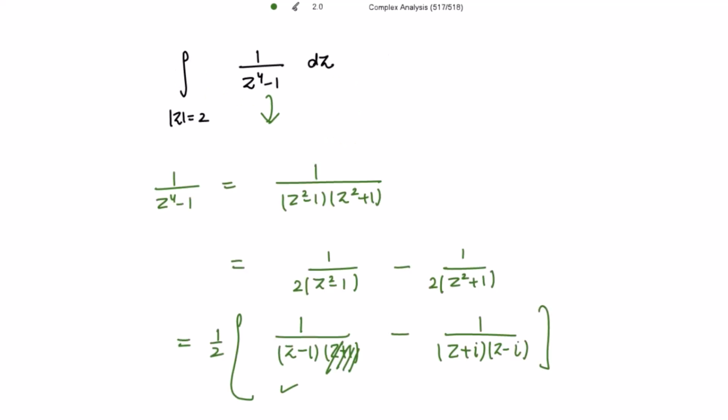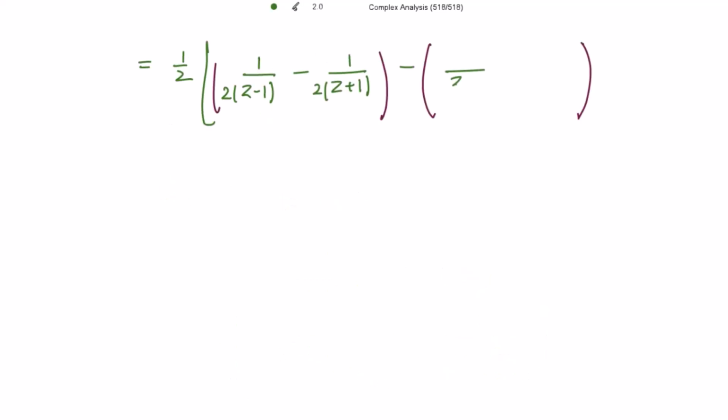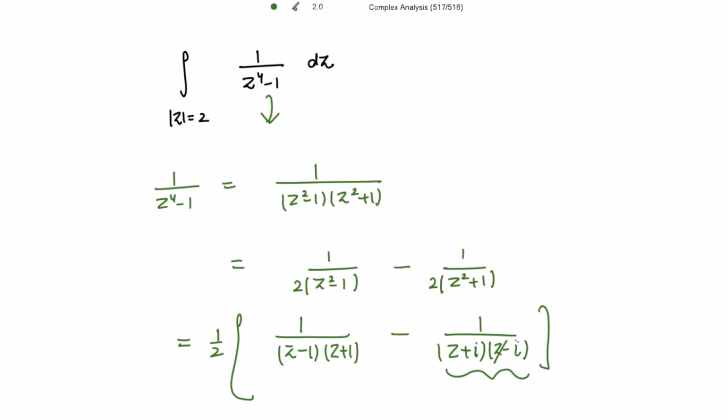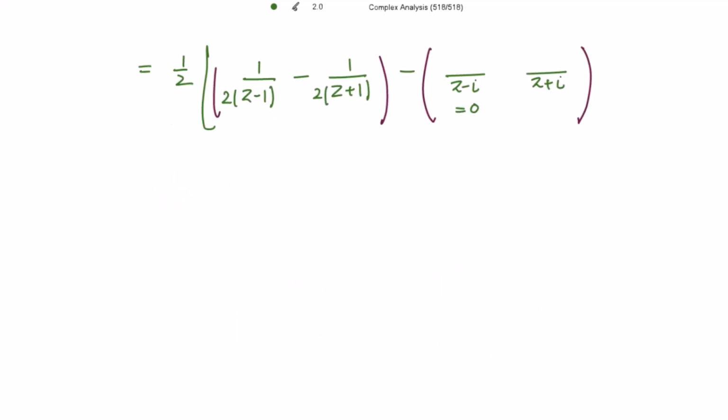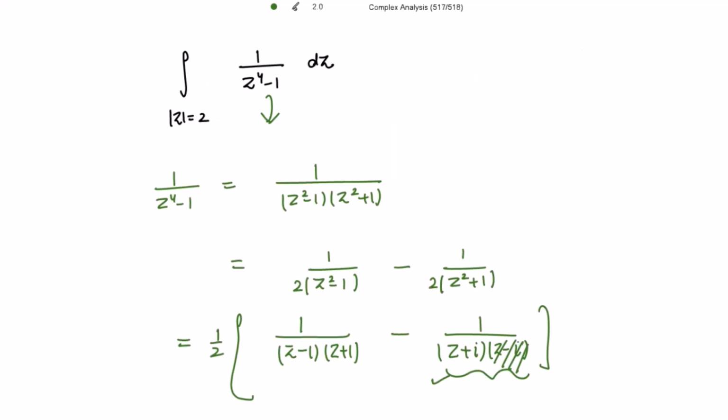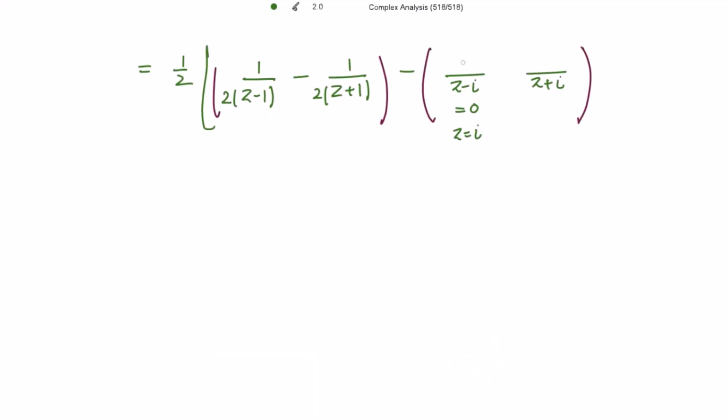Similarly, we make the partial fractions for this also. Writing here z − ι and here z + ι. When taking z − ι equal to 0, hide z − ι from this bracket and put z = ι over here. In this fraction, what do you get? 1 divided by 2ι. Similarly, when taking z + ι equal to 0, we get z = −ι.